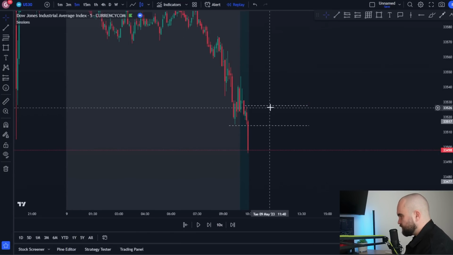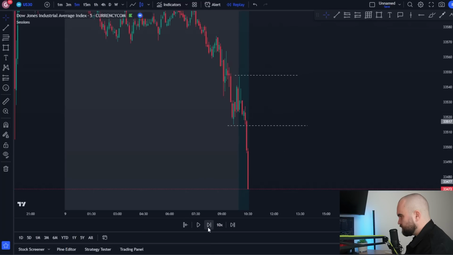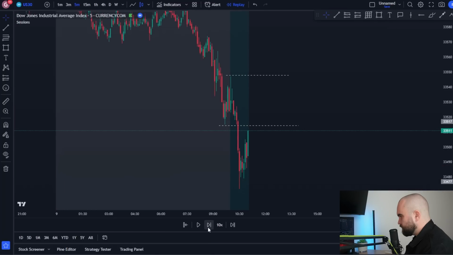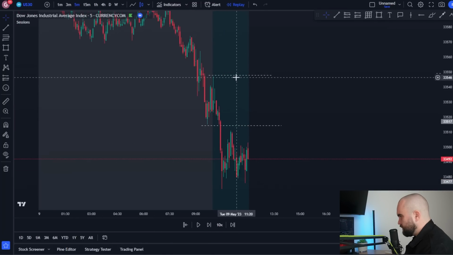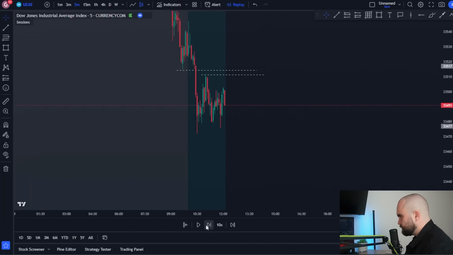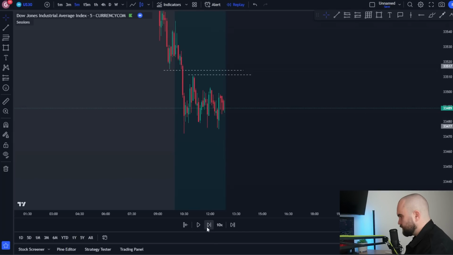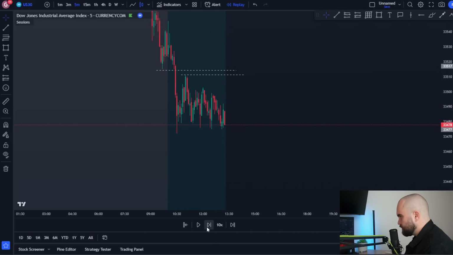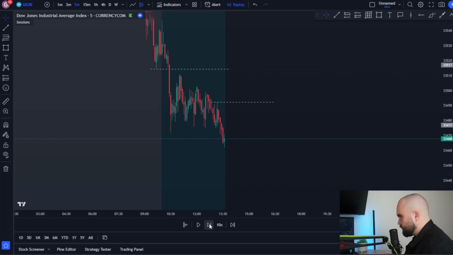If we get a break, I would actually prefer this zone to be broken. Now, I would like this zone to be broken. And now it is this zone.